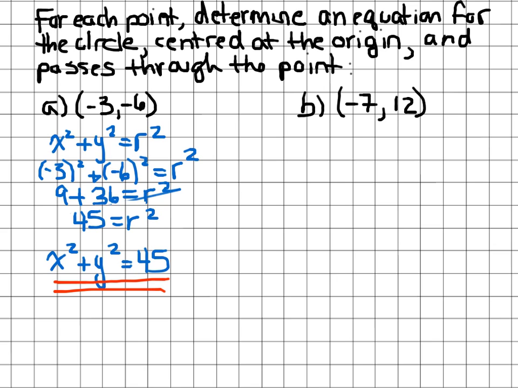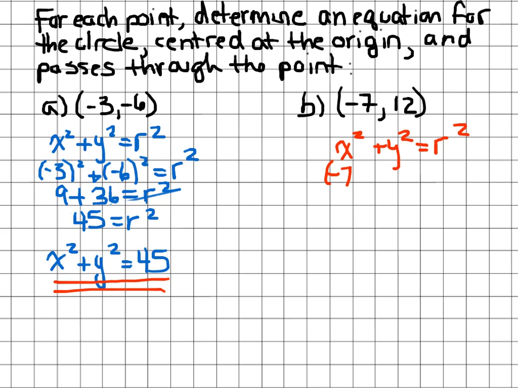Okay, so now you should have done this, so we're just checking our answer. We have x squared plus y squared equals r squared, and I'm substituting in my information.